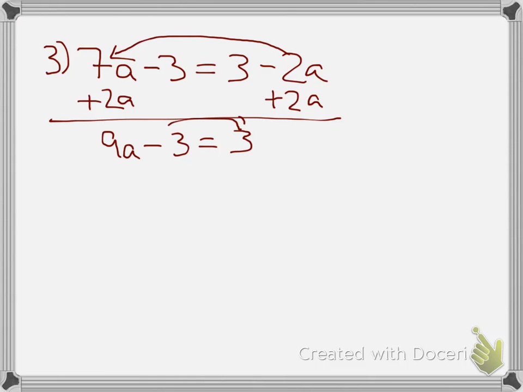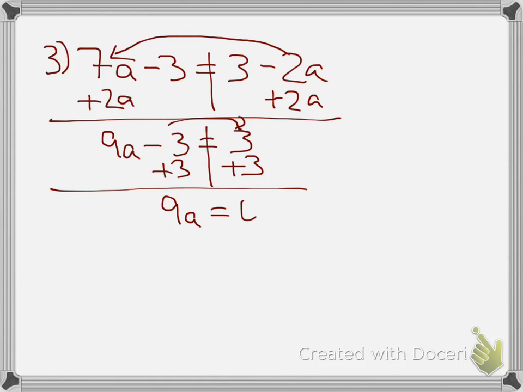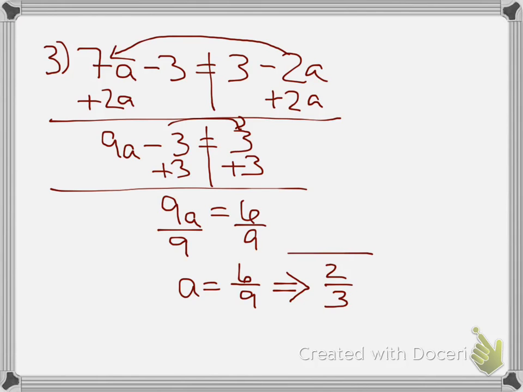I'm going to move the number to the left, plus 3, and I'll have 9a equals 6, and divide by 9. a is equal to 6 over 9, which simplifies to 2/3. That's the answer I would be looking for. That one came out as a fraction. I will probably try to avoid fractions on the test, so don't worry.